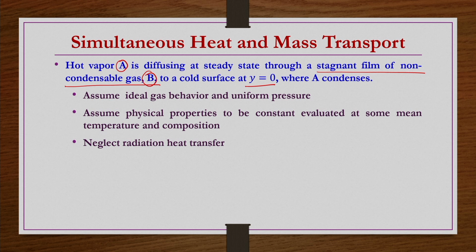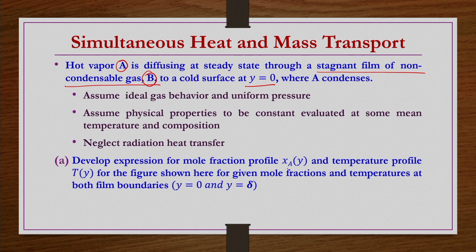So, this problem we can divide into two parts. First part, as I mentioned, is developing the concentration profile Xa as a function of y and the temperature profile as a function of y, as shown in the figure in the next slide. The mole fractions and temperatures at both film boundaries, at y equals 0 and at y equals delta, are known.